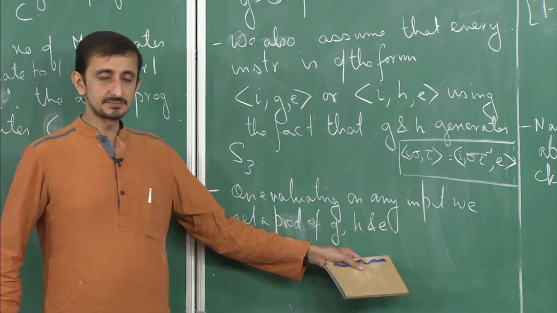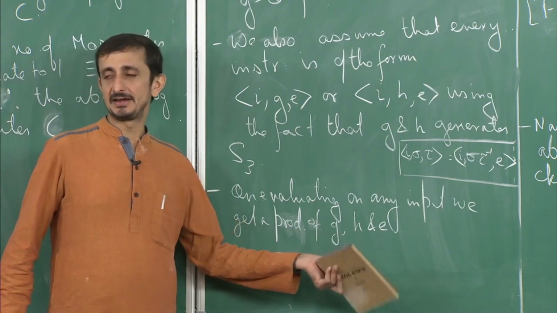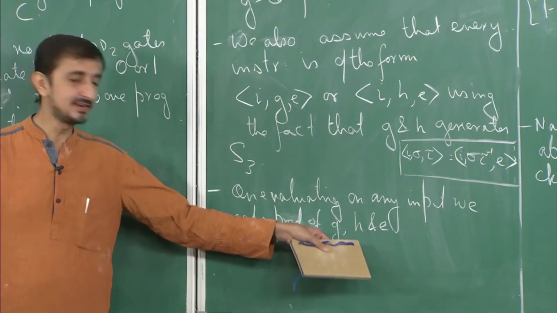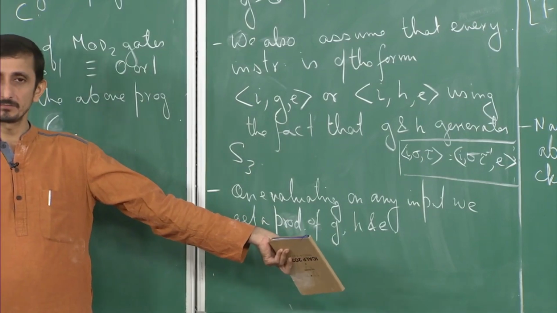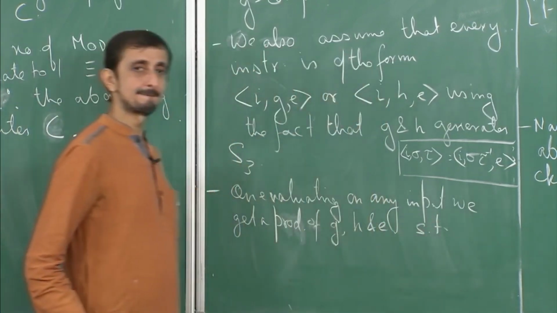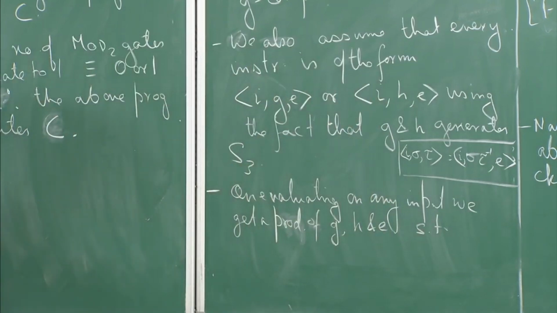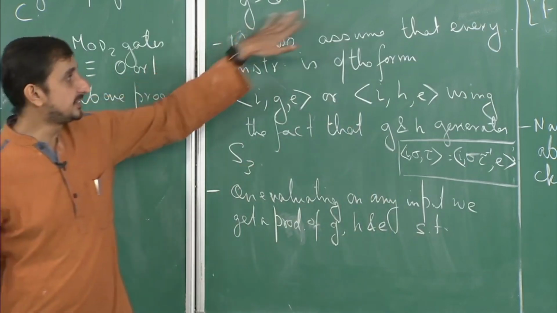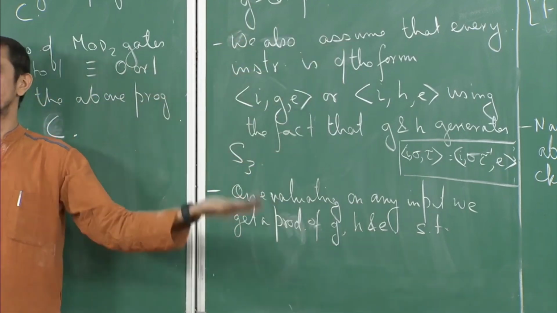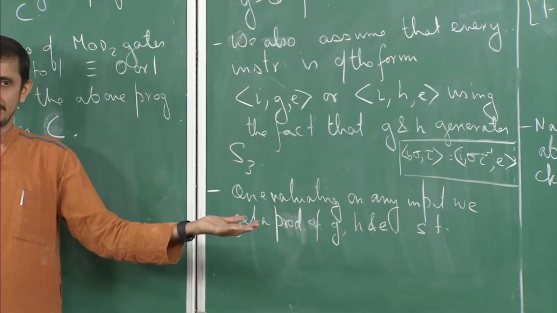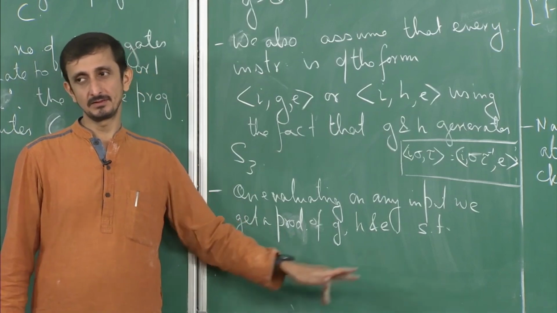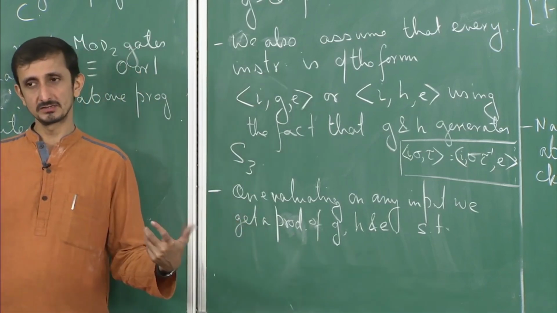What can we say about this product? How many G, H and E will it have? So, E's anyway do not matter, but how many G's and H's will it have? So, this program computes L. So, the final output is either G or E, right. So, therefore, how many H's will it have in the product?